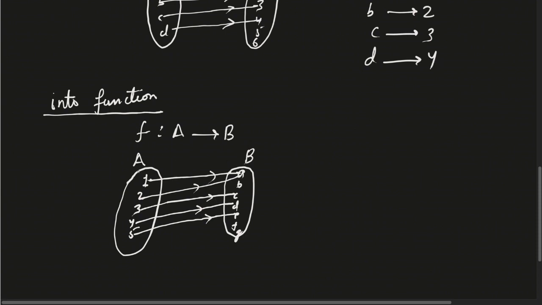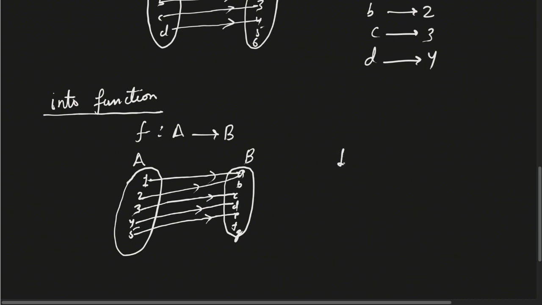See, when we are mapping elements in set A with elements in set B, then some elements in set B, that is the codomain set, remain unmapped, and this is what is called an into function.